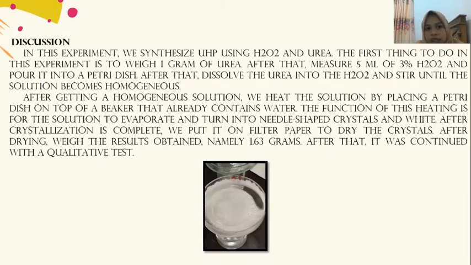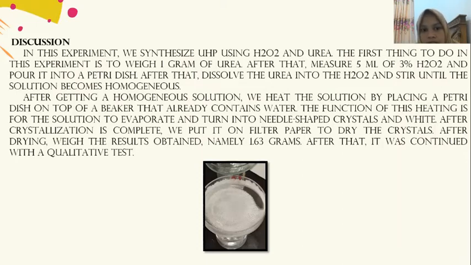Discussion. In the experiment, we synthesize UHP using H2O2 and urea. The first thing to do is to weigh 1 gram of urea. After that, measure 5 milliliters of 3% H2O2 and pour it into a petri dish. Then dissolve the urea into the H2O2 and stir until the solution becomes homogeneous.